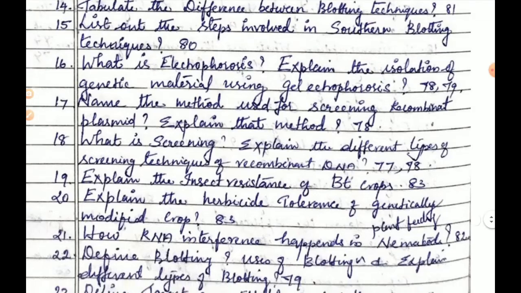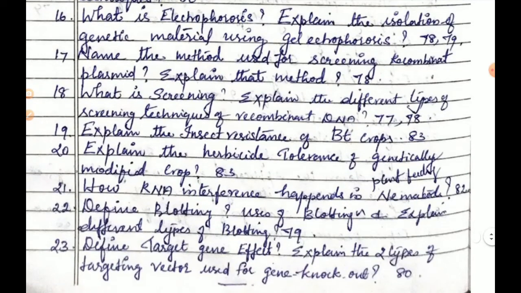The next is the 22nd question. Define blotting, uses of blotting, and explain different types of blotting. You studied this also for 2 more questions. Define blotting. Page number 79. The answer is given in page number 79.